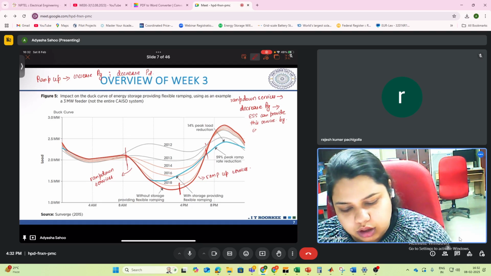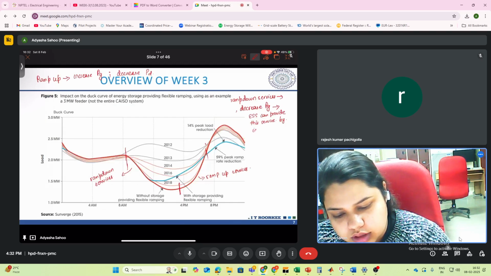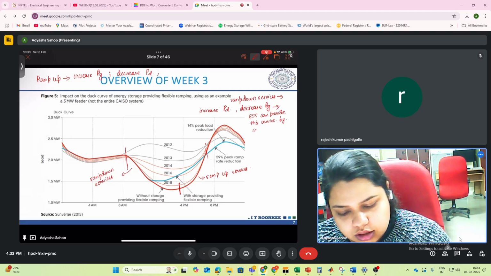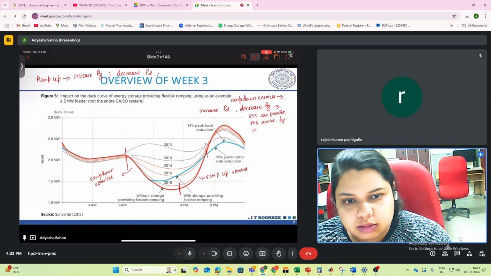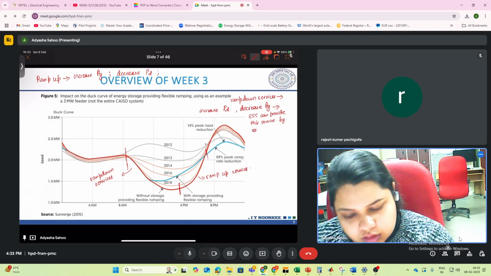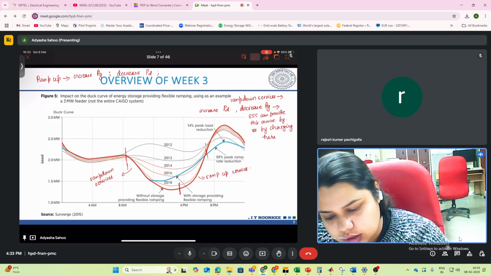Similarly, for ramp up, you can either decrease the generation or increase the load. Or the third alternative that we have with energy storage is that instead of generation and demand, the energy storage can also help here by charging here, and here it can discharge.